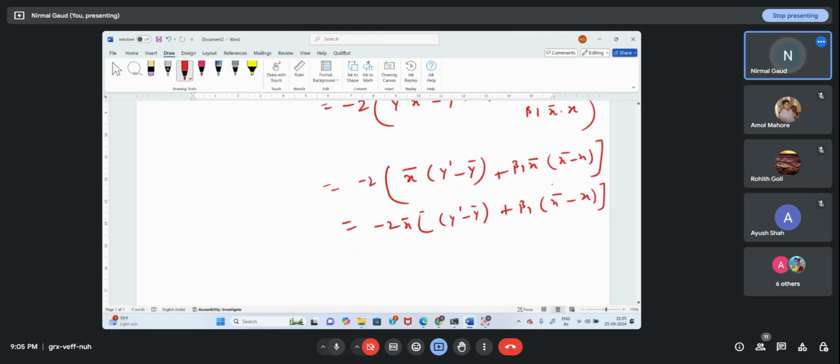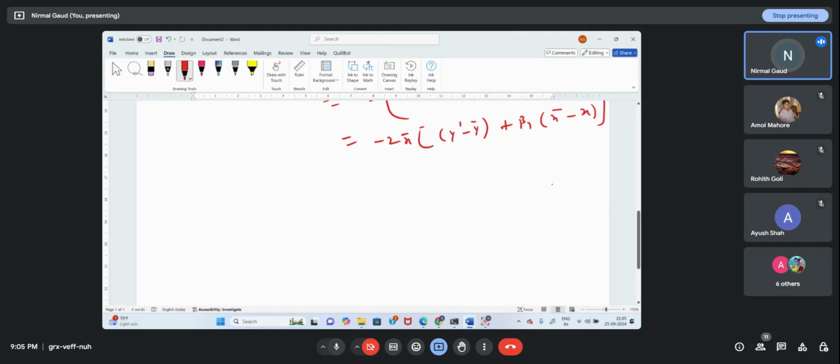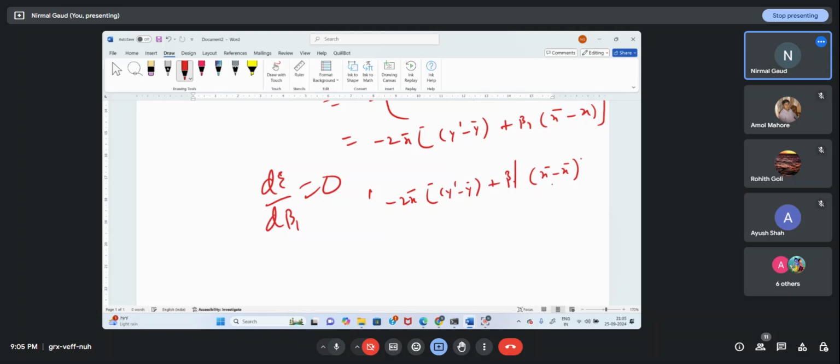And if I say that my differentiation is equal to 0, del E by del beta 1 is equal to 0, what will it be? So minus 2 x bar into y dash minus y bar plus beta 1 x bar minus x is equal to 0.